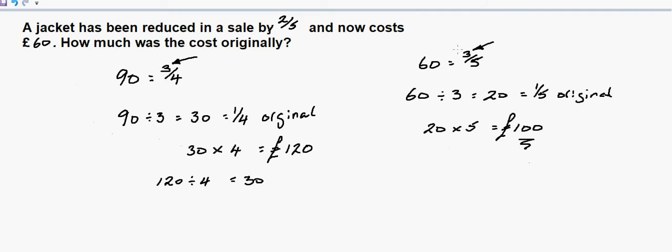You then divide it by the numerator, get your 1 part, your 1/5, your 1/7, your 1/11, and then you multiply it by the denominator, because if you've got quarters, there are 4 quarters in 1. If you've got sevenths, there are 7 sevenths in 1. If you've got fifths, there are 5/5 in 1. So you multiply it by that and you get your answer. You get back to the original cost. It really is that simple.